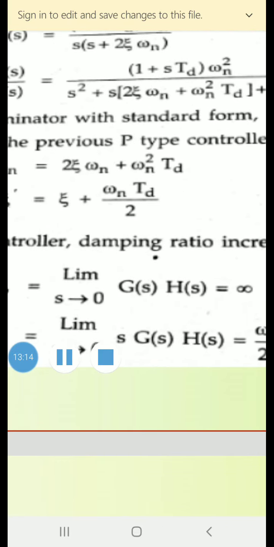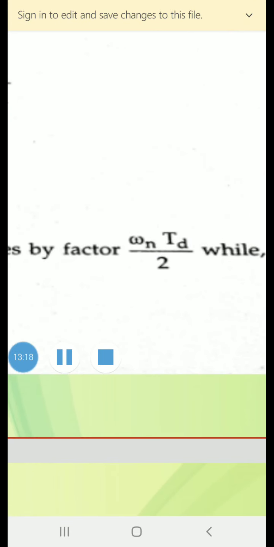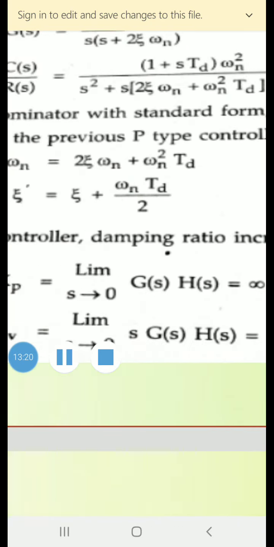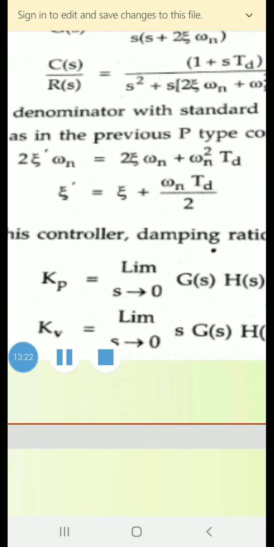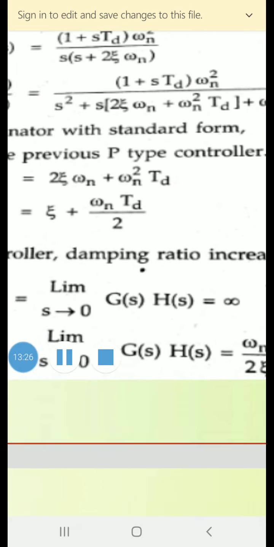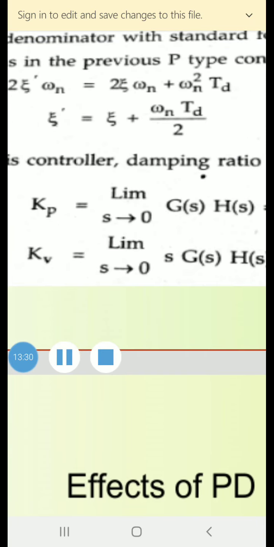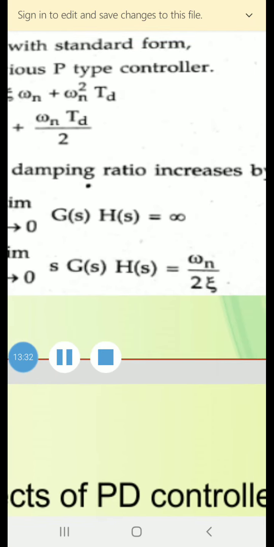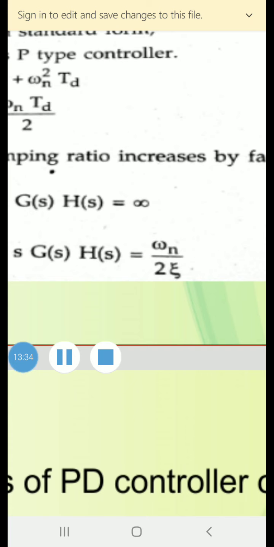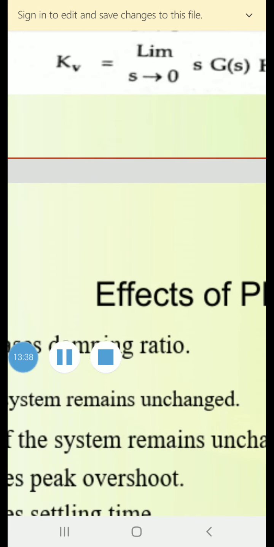Because of this controller, damping ratio increases by the factor omega n Td by 2, while Kp is equal to limit s tends to 0 G of s H of s, which is infinity. Kv is equal to limit s tends to 0 s G of s H of s, which is omega n by 2 damping ratio. As there is no change in coefficients, the error will also remain the same.